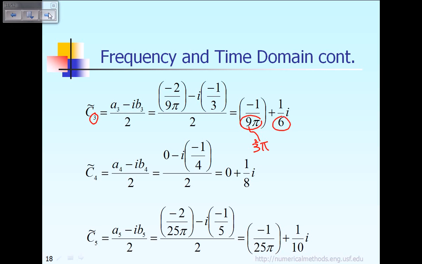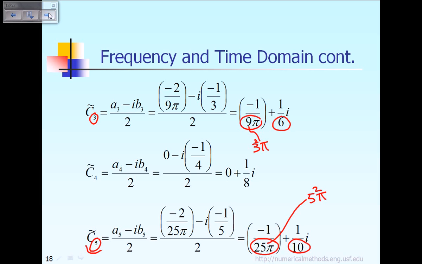As you can see the pattern right here, when k is an odd number, let's say k equal to 5, C tilde 5, the denominator of the real part is 5 squared times pi. And the denominator of the imaginary portion is always double, so 5 doubled becomes 10.